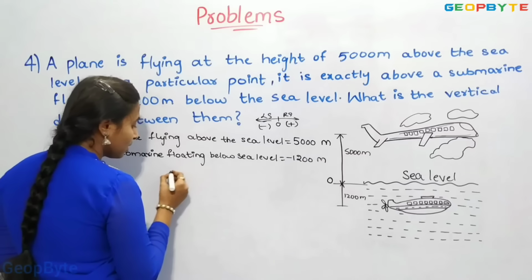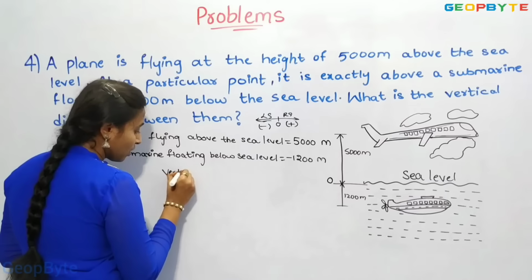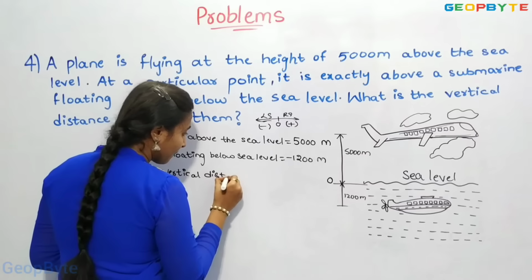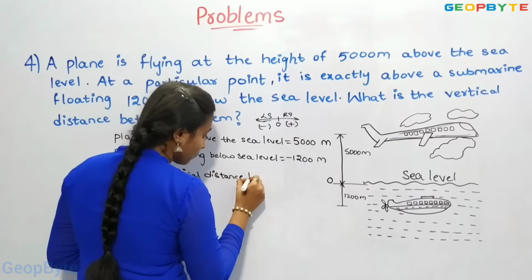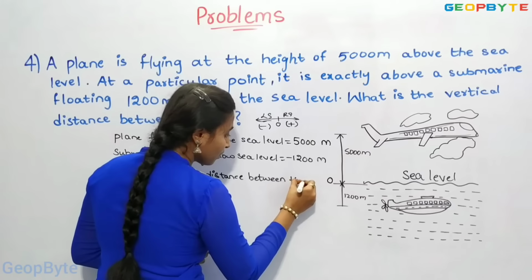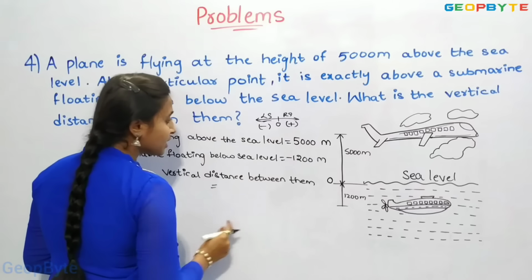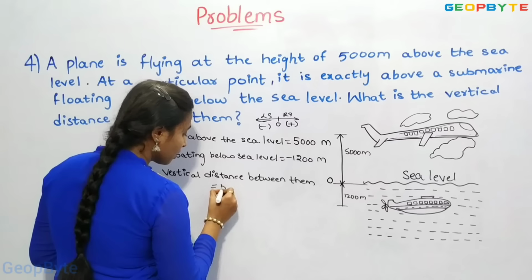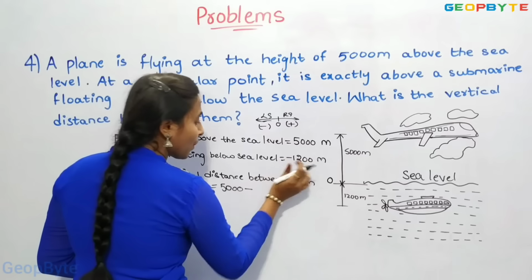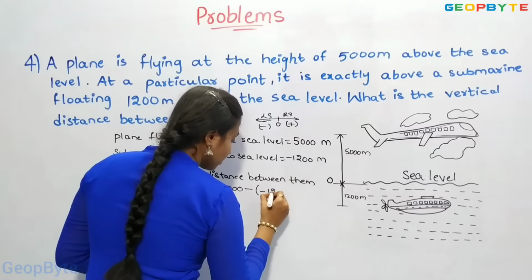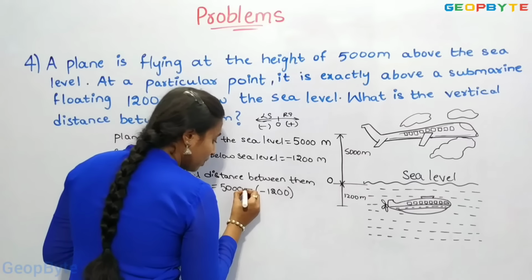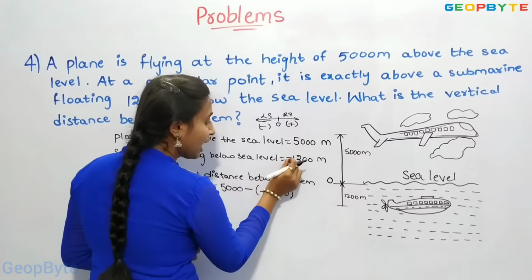That is, vertical distance between them is 5000 minus 1200. We will subtract and we already have minus here.